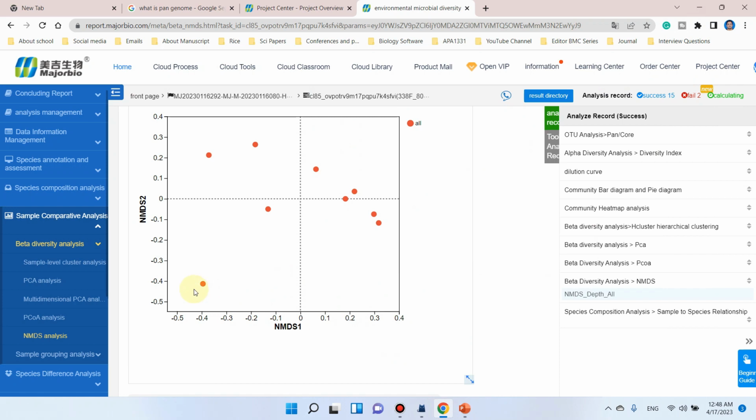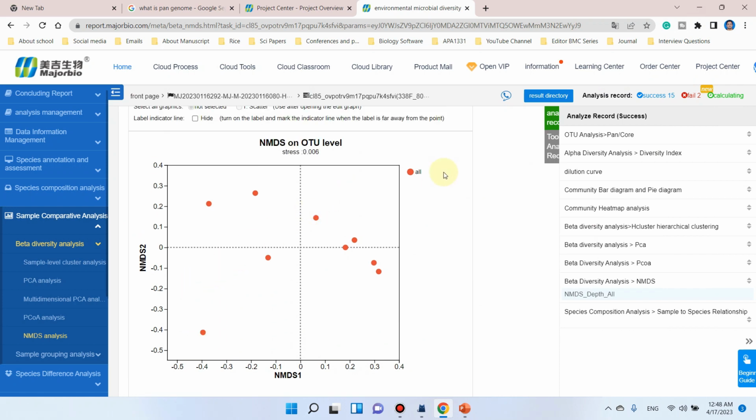To give you an easy understanding, let's suppose this is the y-axis, this is the x-axis, and one sample is placed here, your second sample is placed here, and there would be too many dimensions. Our purpose for this NMDS analysis is just to reduce the number of dimensions, because if we take x, y, z and many more, it would be hard to draw on a 2D surface.